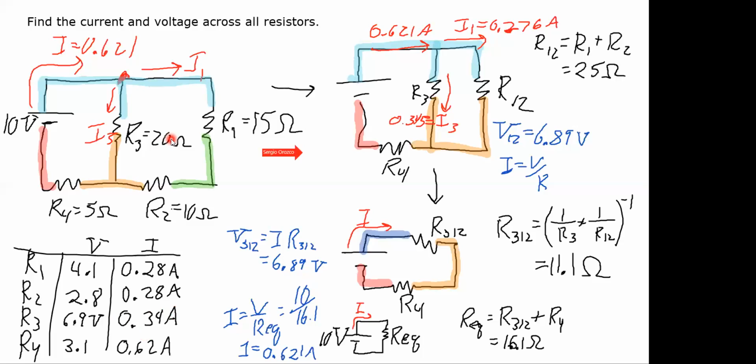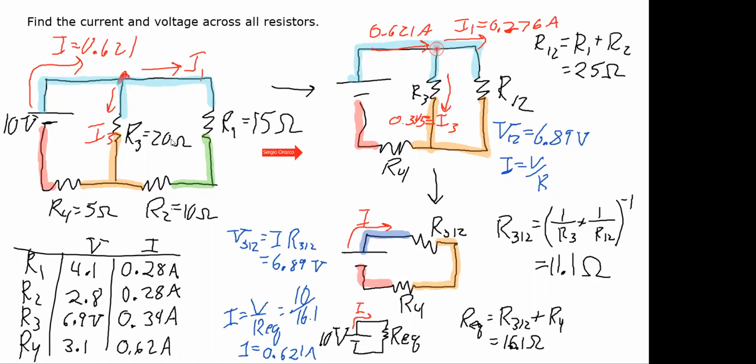Okay, great. Yeah, the 0.28 amps. Okay, so that's really up here, right? For that one, I said there's two ways you could calculate it. You could see that I have 0.621 amps. That's the same current I calculated down here for the current coming from my battery. So the current coming from the battery is 0.621.